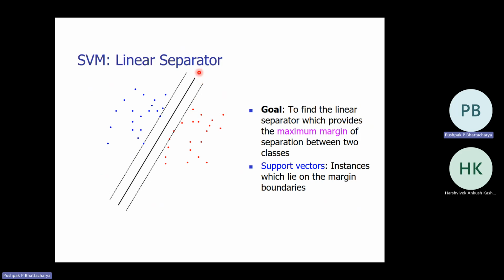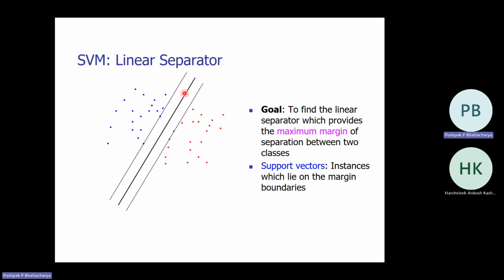This is called a maximum margin separator. And why do we choose a maximum margin separator? We intuitively hope that it will be successful in generalizing best for new instances.